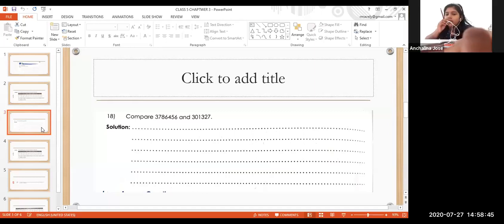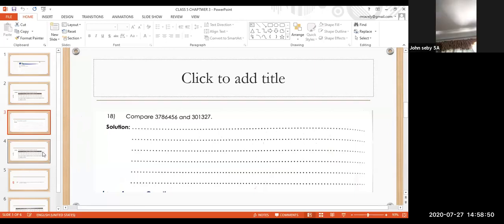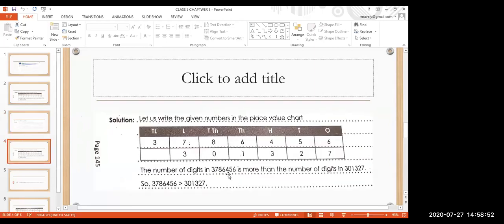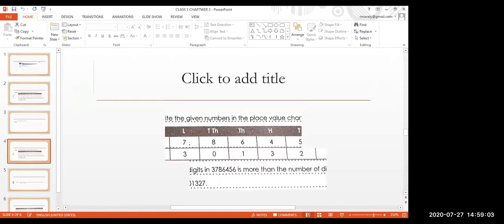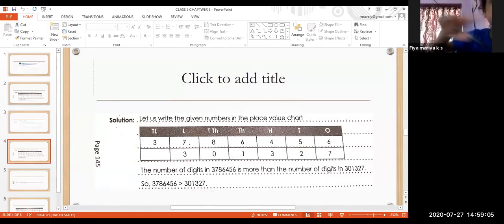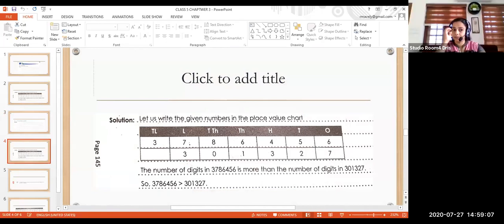Okay, can you see question number 18? Children, can you see the screen?